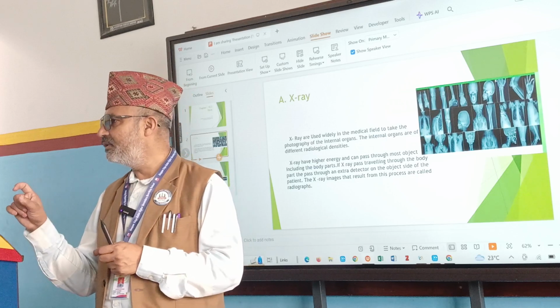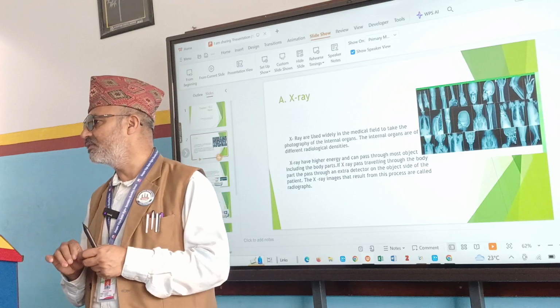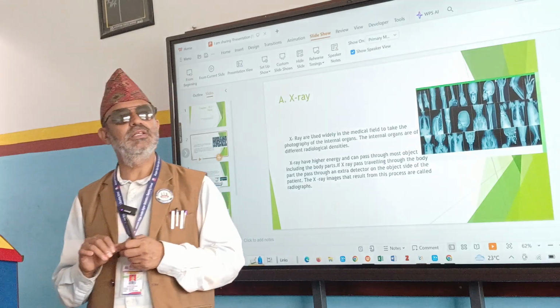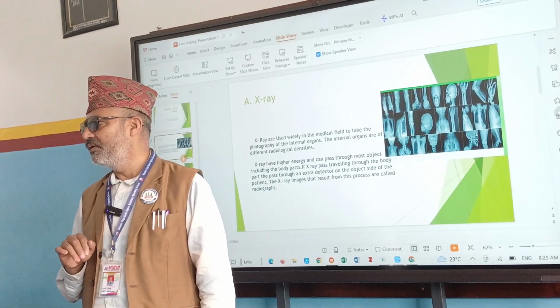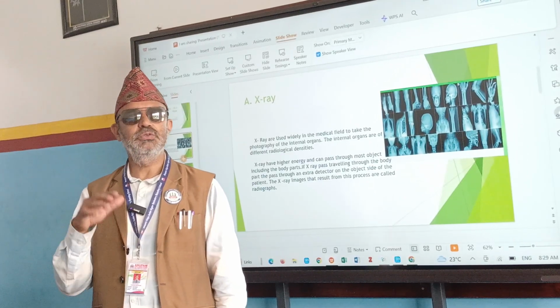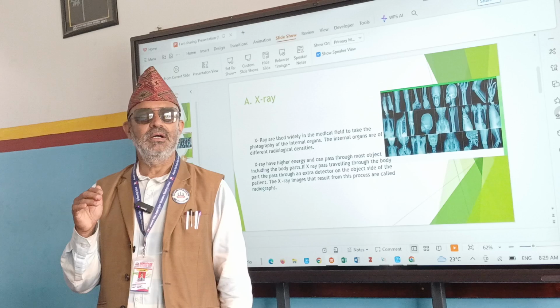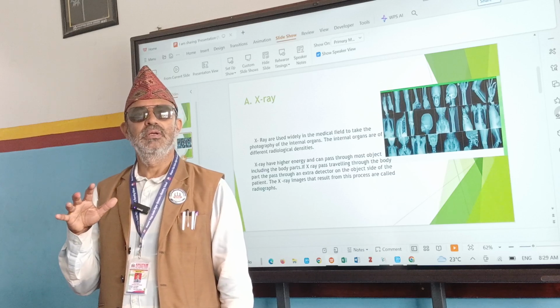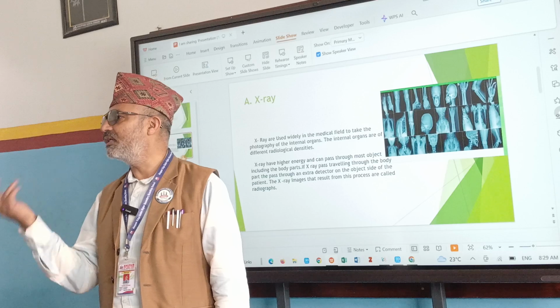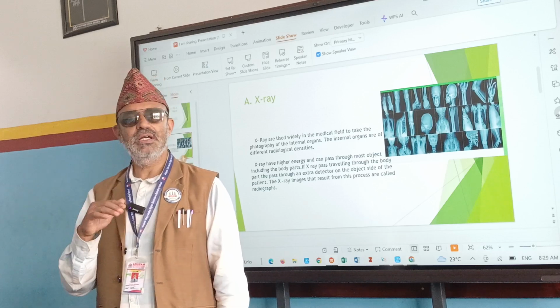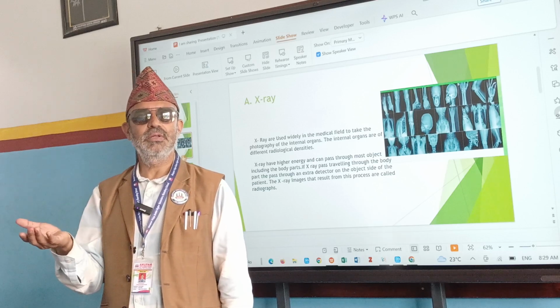They are harmful rays. They can kill the cells. Not only can they kill the cells, they can make the bones weaker also. So the people who want to join the army have to be more careful. They can identify how many times a chest X-ray has been done, because all the reports will come there.